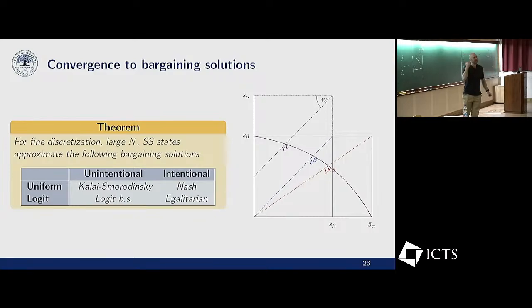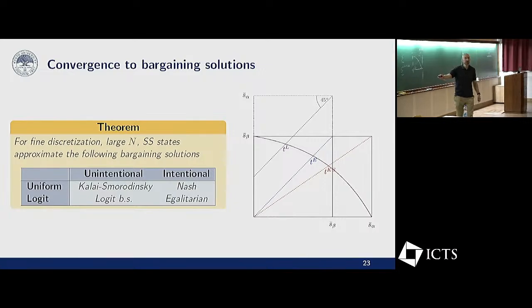However, there's something very weird and wacky here, which is usually if you're talking about equal loss, you're talking about a loss relative to your own maximum payoff. In this case, we're looking at player alpha's loss relative to player beta's maximum payoff, and player beta's loss relative to player alpha's maximum payoff, which is strange. But it's what comes out.